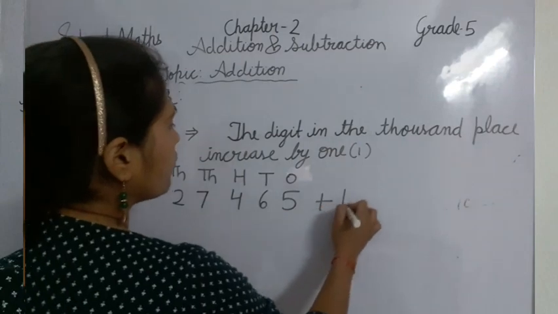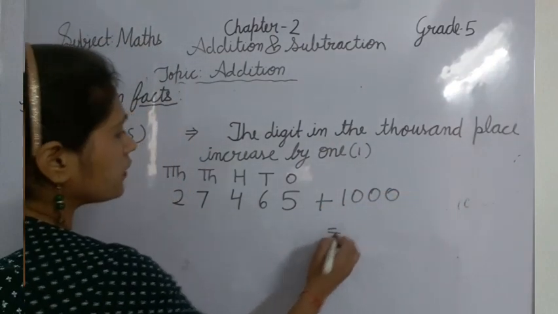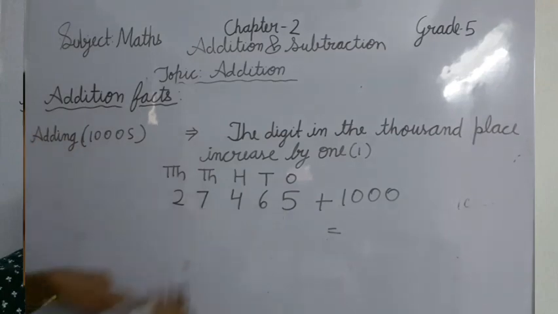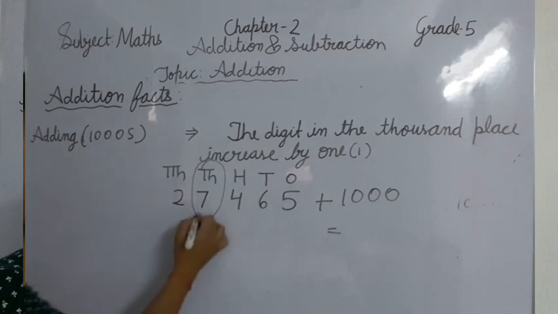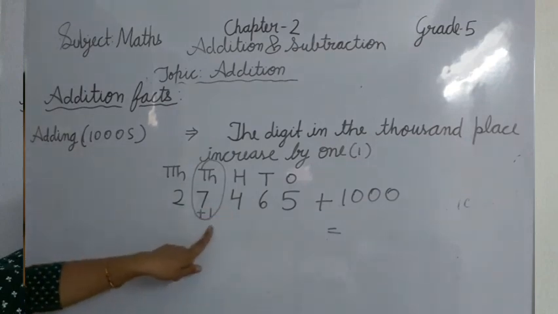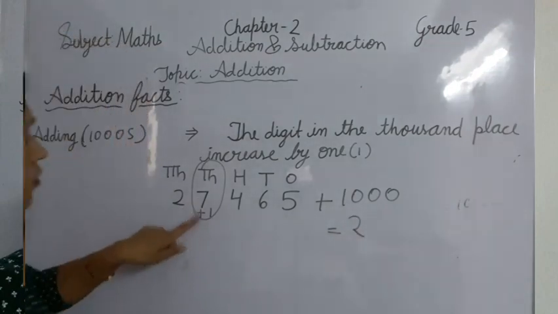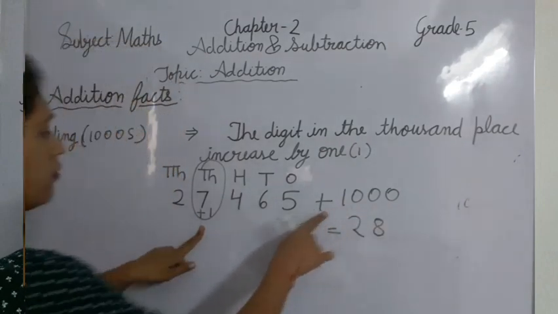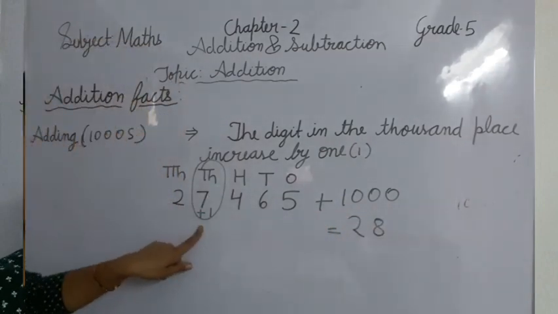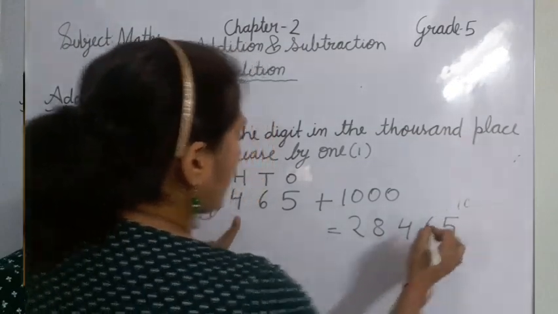Now we are adding 1,000 to it. So what will happen here? In the 1,000 place we have 7. So we have to change only this number. We have to increase it by 1. So what will be the answer here? In place of 7 we have to write 8 now because we are adding 1,000, means in the 1,000 place we have to add 1. 28,465.